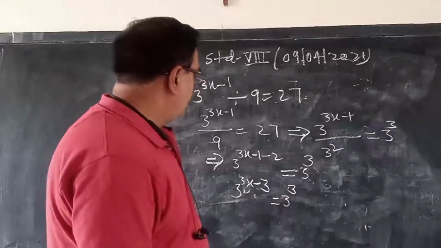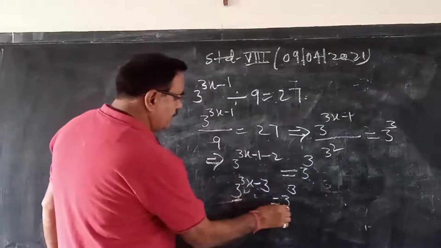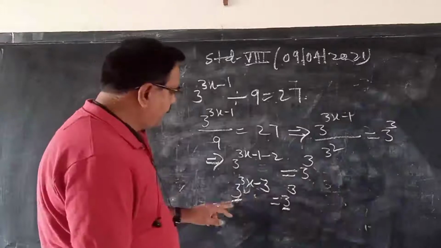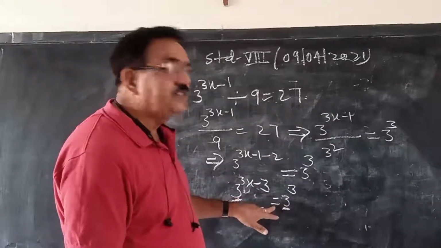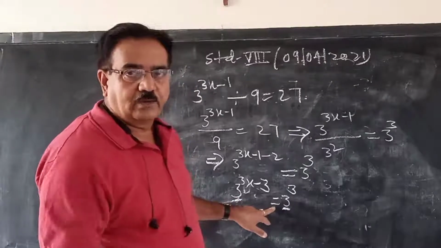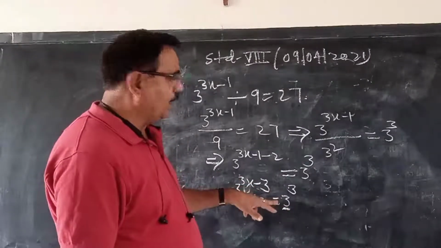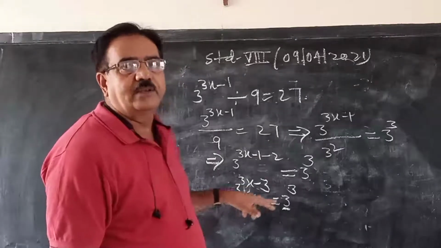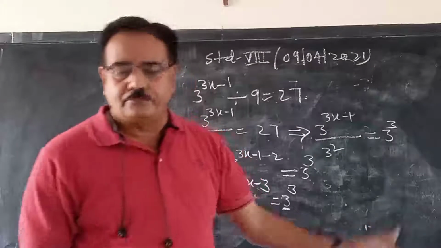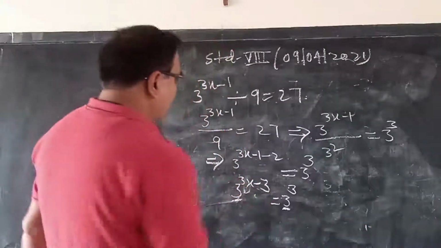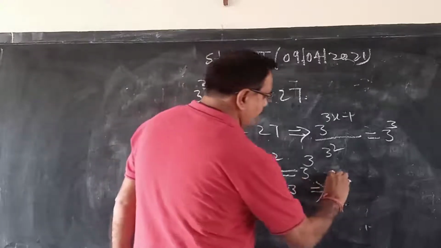Since the equal sign is given and the base is same, the powers will also be equal. If the base is same, then the power will also be equal if the equal sign is given between them. So here the equal sign is given, so the powers will also be equal.